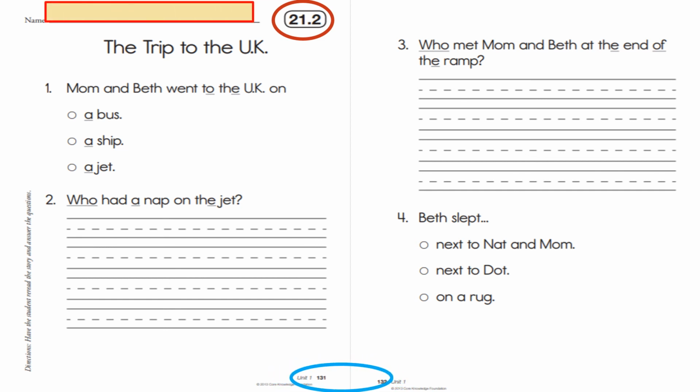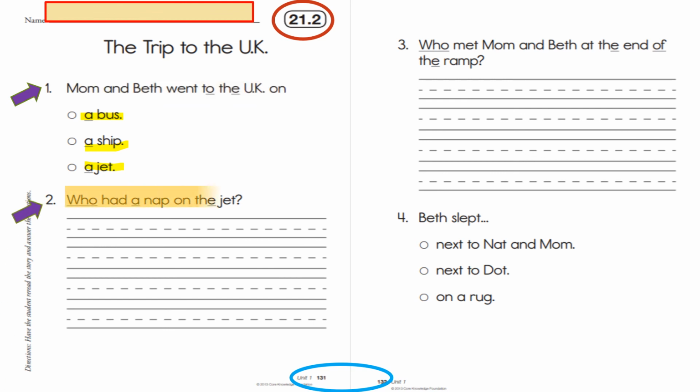Don't forget to put your name on your paper nice and neat. Let's go over our questions. Number 1, Mom and Beth went to the UK on, let's look at the answer choices, a bus, a ship, or a jet? Fill in the circle next to the correct answer to complete the sentence.